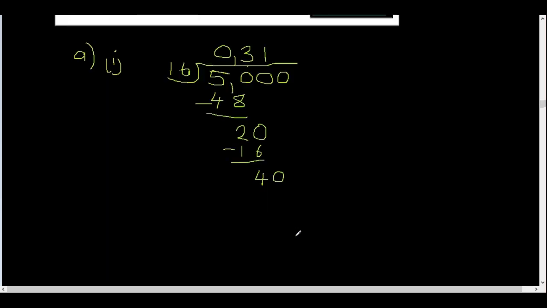We add another 0 and drop it. 16 into 40, that's 2. 2 times 16, that's 32. 40 subtract 32, we get 8. We add another 0 and drop it. 16 into 80, we get 5. 5 times 16 is 80.